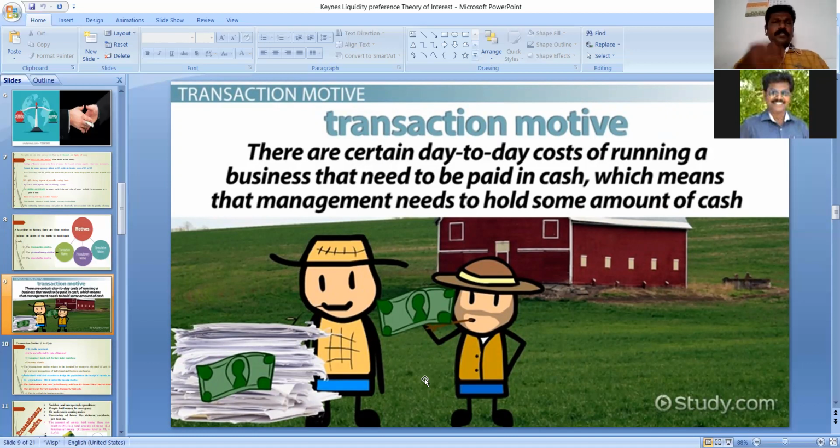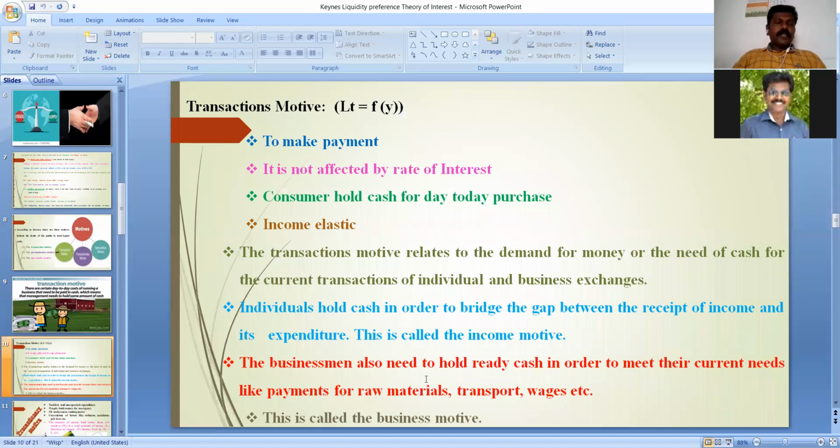The second one is the precautionary motive. Before going to this, to make a payment is called the transaction motive. It is not affected by the rate of interest. Already I told you, it depends upon the level of income. Consumers hold cash for day-to-day purchases, income elastic. The transaction motive relates to the demand for money or the need of cash for the current transactions of individual and business exchanges.